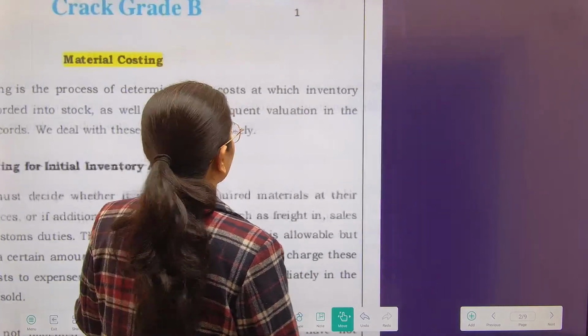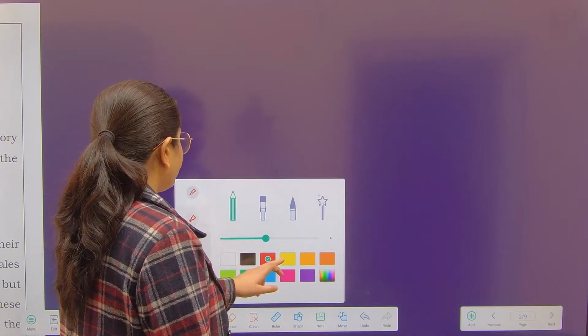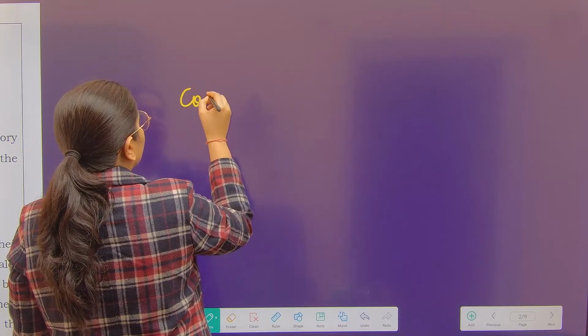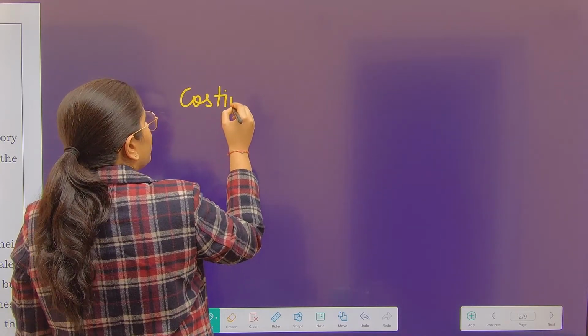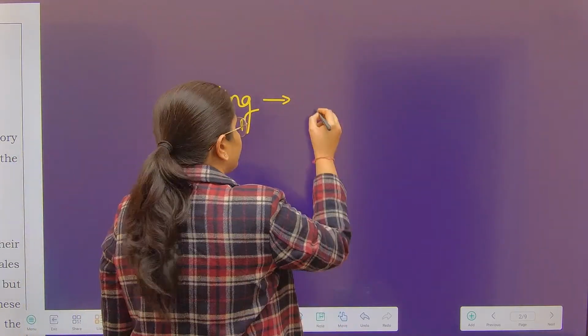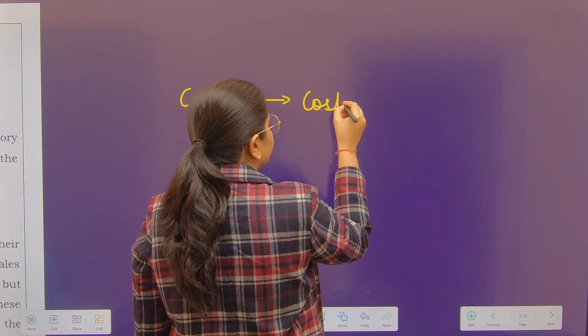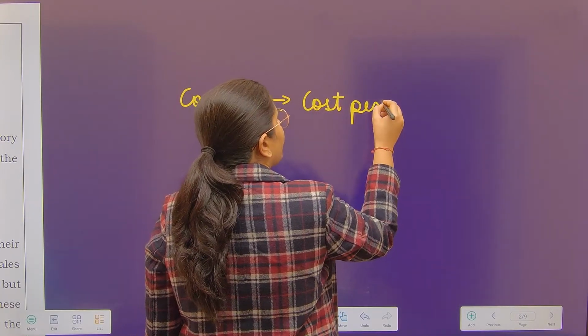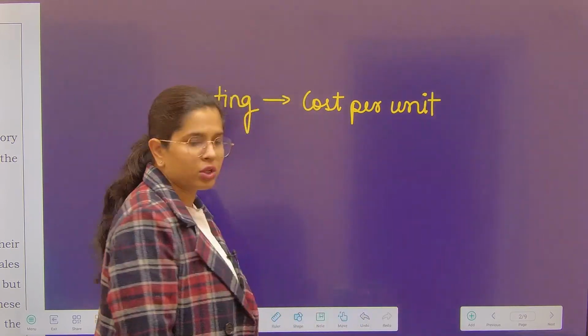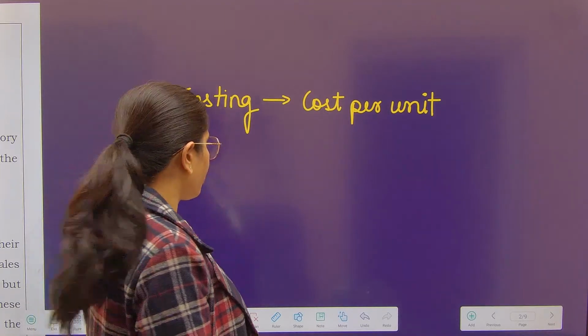So what I am going to talk about in this lecture is, see, in costing, what is your ultimate objective? So we are doing costing, right? In costing, my ultimate objective is to find out cost per unit. Whatever product I am selling, I want to find out what my cost per unit is. Why do I want to find out my cost per unit?